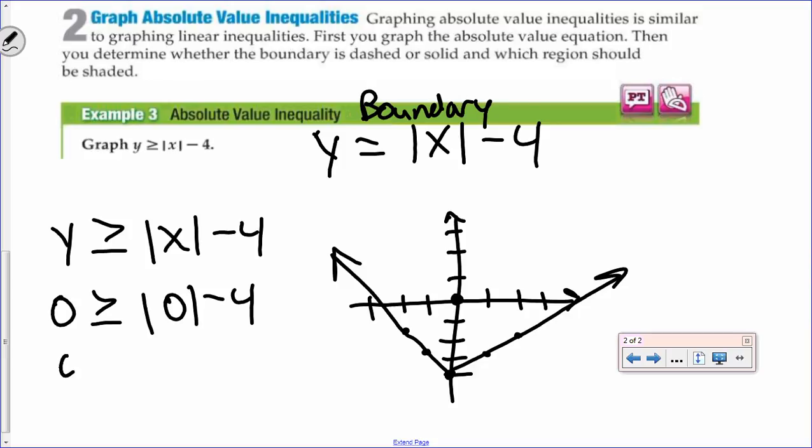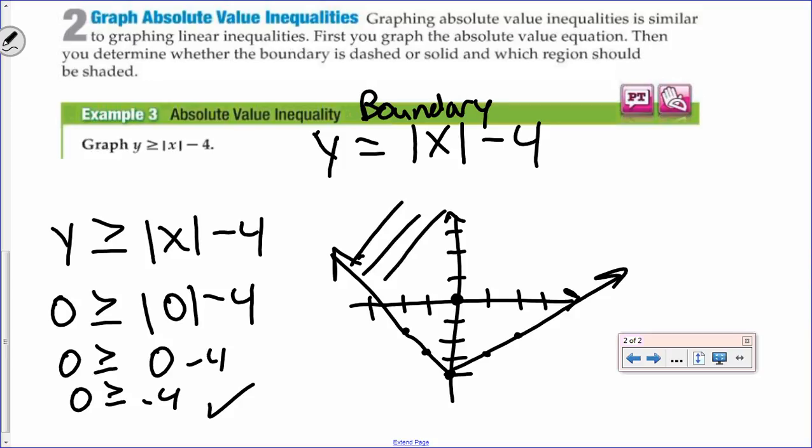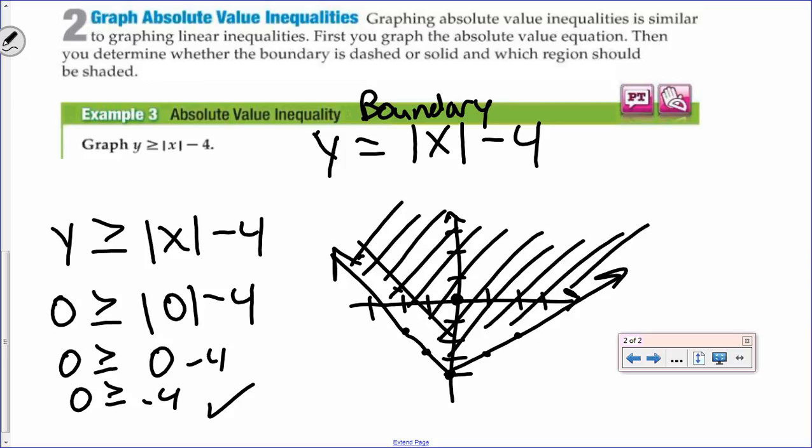So 0 is greater than or equal to the absolute value of 0 minus 4. Is 0 greater than or equal to negative 4? Check. Yes, that is a true inequality. So we're shading in the direction of 0, 0. And we have graphed the inequality.